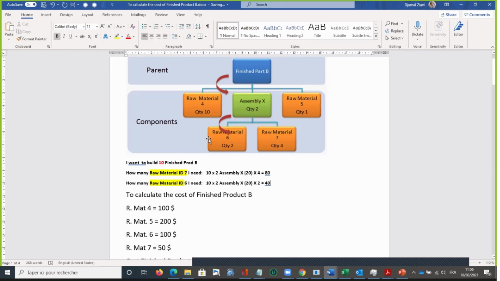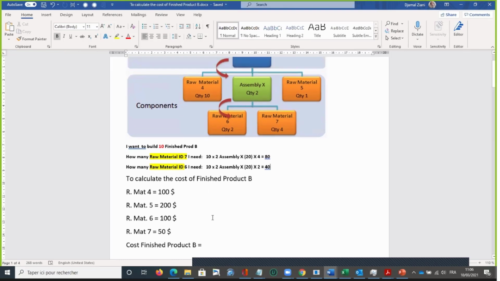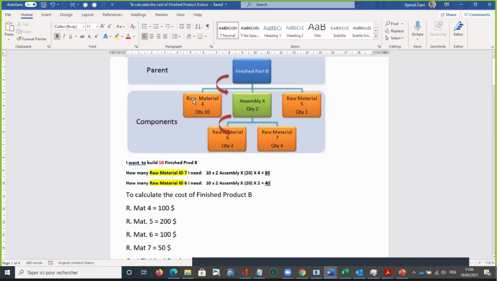The raw material cost now is 100. Raw material 5, its cost is 200. Raw material 6, its cost is 100. Raw material 7, its cost is $50. How much will the cost of the finished product be?